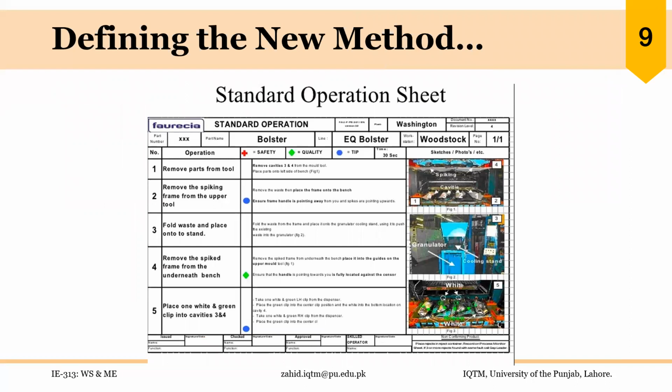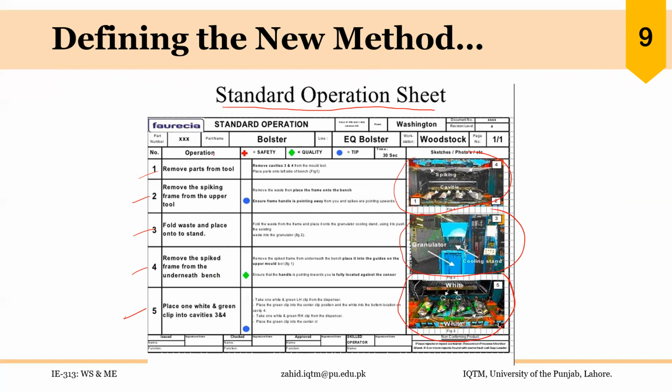Here is another example. This description of the process or method has different names. Sometimes we call it work instructions, sometimes we call it an operation sheet, or job description. So it could have different names. Here again, we have the steps to be performed in sequence, and we have included the pictures of the real workplace with respect to the steps that we have mentioned here.